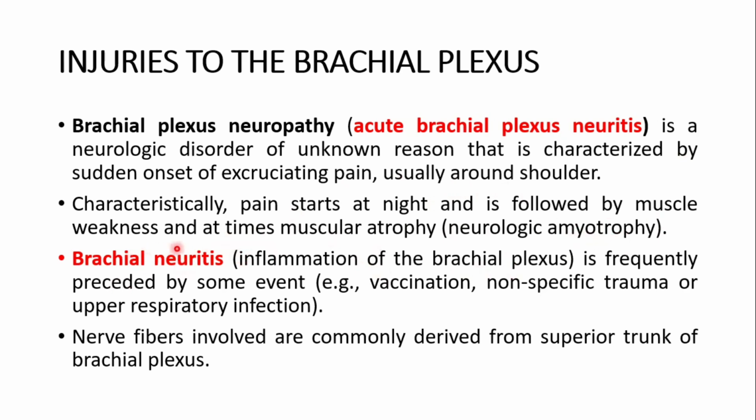So brachial neuritis, inflammation of the brachial plexus, is frequently preceded by some event, for example vaccination, non-specific trauma, or upper respiratory infection. Nerve fibers involved are commonly derived from the superior trunk of the brachial plexus, C5, C6.